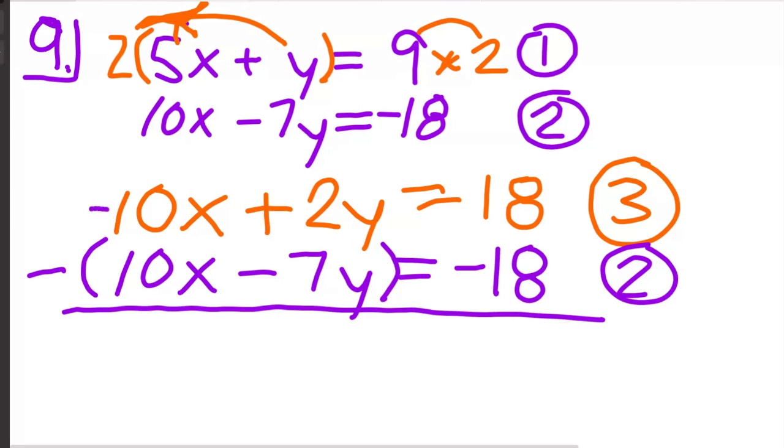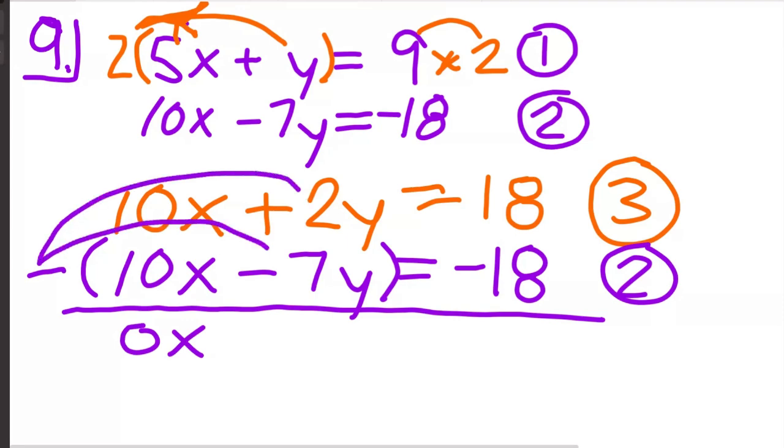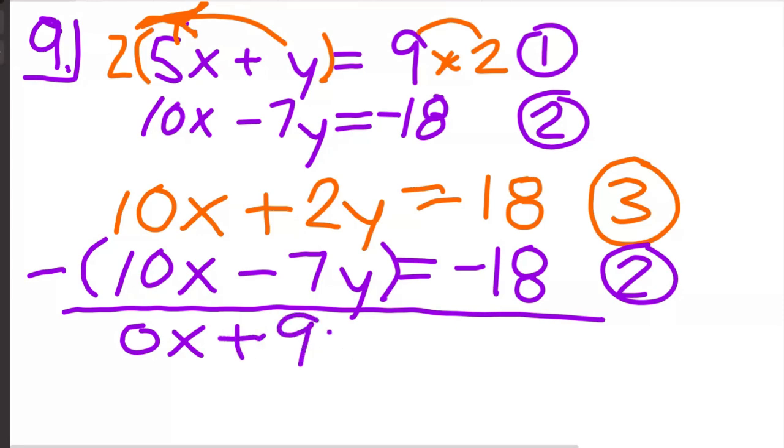Well, a 10 minus a 10 is going to be a 0x, right? So we've accomplished our goal of getting rid of one of the variables. A positive 2 minus a negative 7. A minus a negative is going to be a plus, so it'd be 2 plus 7, that's going to be a positive 9y. Now what happened there again?